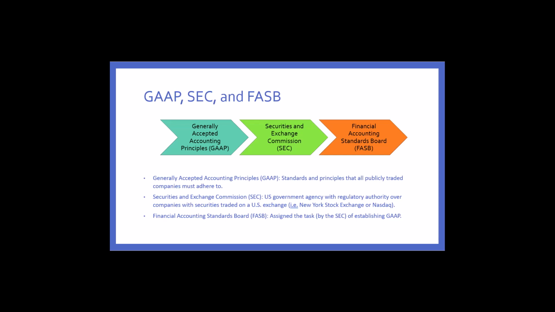We are only going to learn the practices that adhere to them. That is the standards and principles that all publicly traded companies must adhere to. Now, again, if we're talking about a very small, privately owned business, they may have some additional flexibility. But if we're talking about large, publicly owned corporations, they are legally required to follow GAAP. And so that is what we're going to focus on in financial accounting.